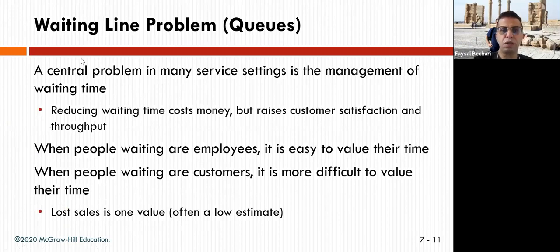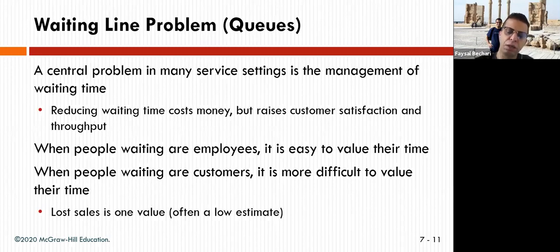Now comes the issue of the waiting line problem, or queues. A central problem in many service settings is the management of waiting.